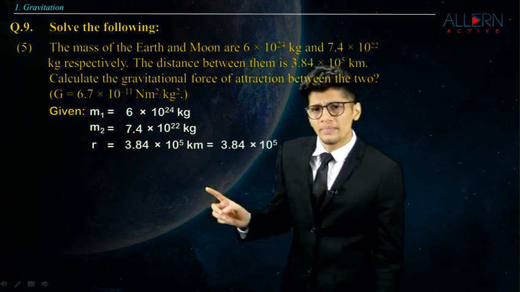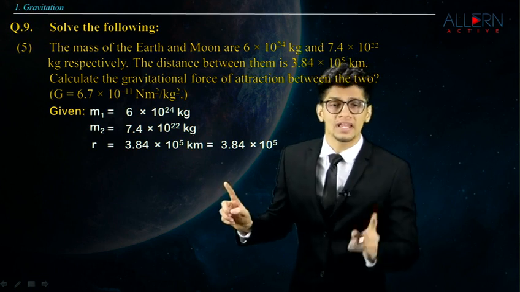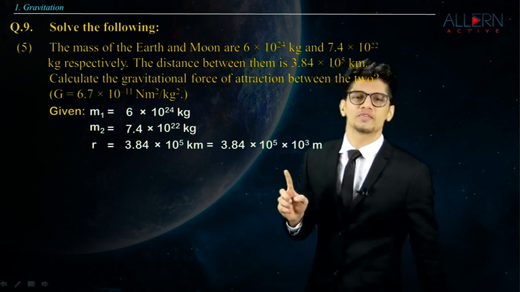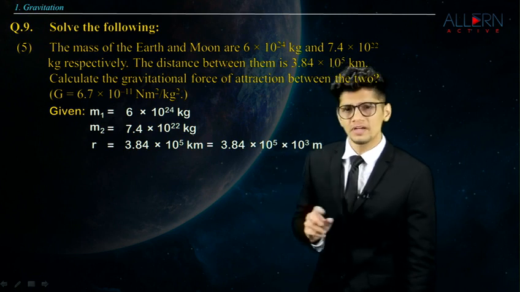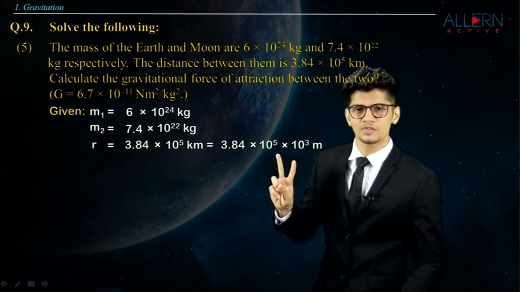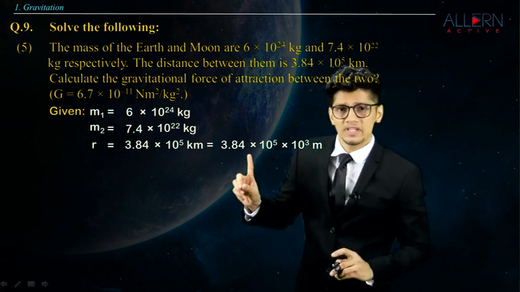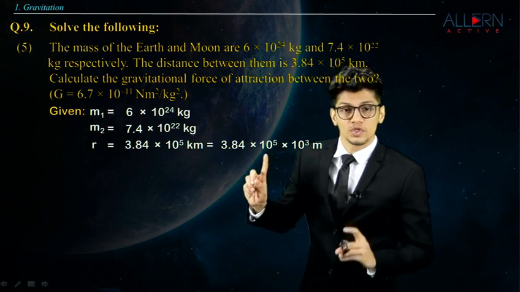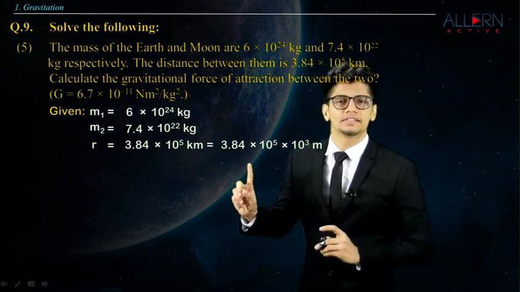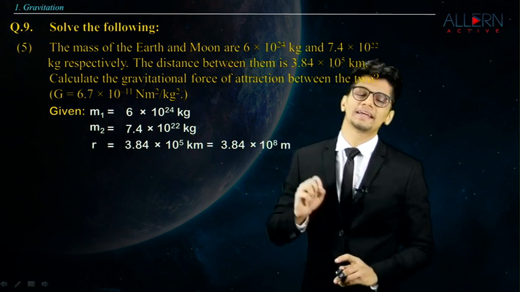But we know that 1 kilometer has 1000 meters, that is 10 raised to 3 meters. So we write 10 raised to 3 meters. Here we have 10 raised to 5 and 10 raised to 3. When we multiply 10 raised to 5 and 10 raised to 3, we get 10 raised to 8. So we keep 3.84 as it is, and 10 raised to 5 into 10 raised to 3 becomes 10 raised to 8 meters.